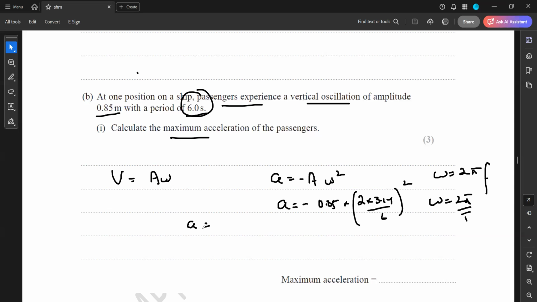Yes, you can also do the same method. If you want to work out the acceleration and then the time, you will get the same result. So the final answer of acceleration is 0.93 meters per second square.